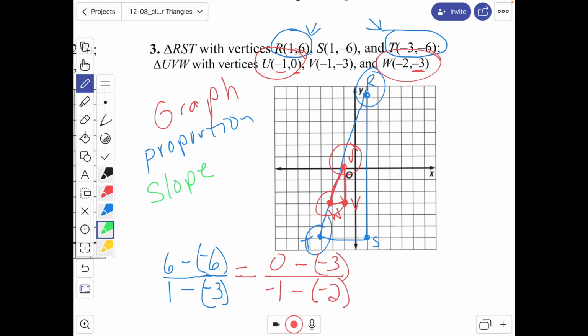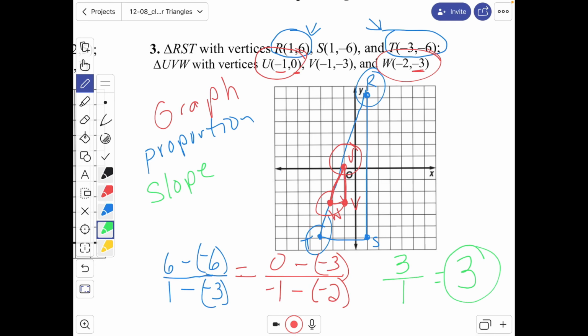So keep, change, opposite. 0 plus +3 makes 3. And on the bottom I have -1 plus +2 makes 1. And 3 over 1 makes 3. So the slope is 3.